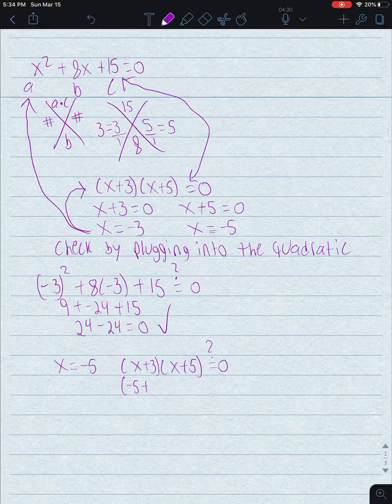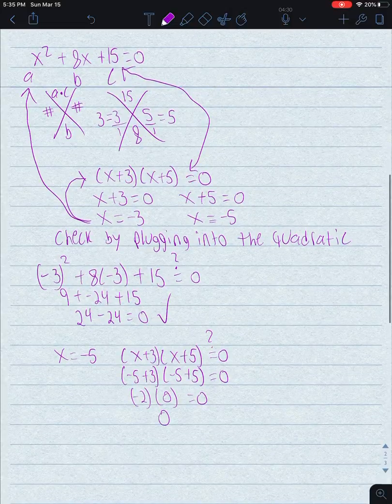Negative 5 plus 3, negative 5 plus 5 equals 0. Negative 5 plus 3 would be negative 2, and negative 5 plus 5 gives you 0. So we have negative 2 times 0, and negative 2 times 0 will be 0. So we get 0 equal to 0. That means this is true.